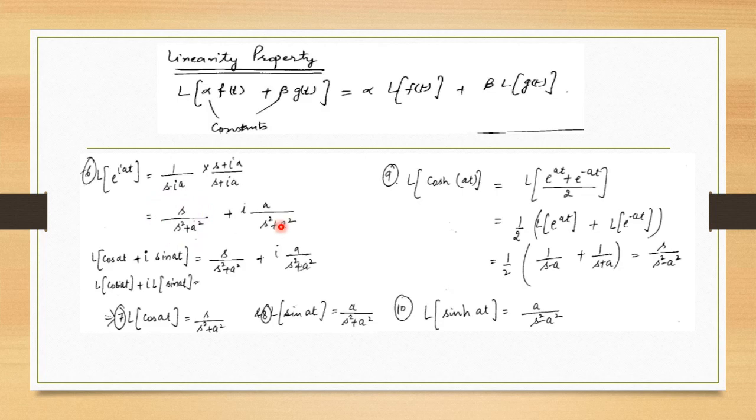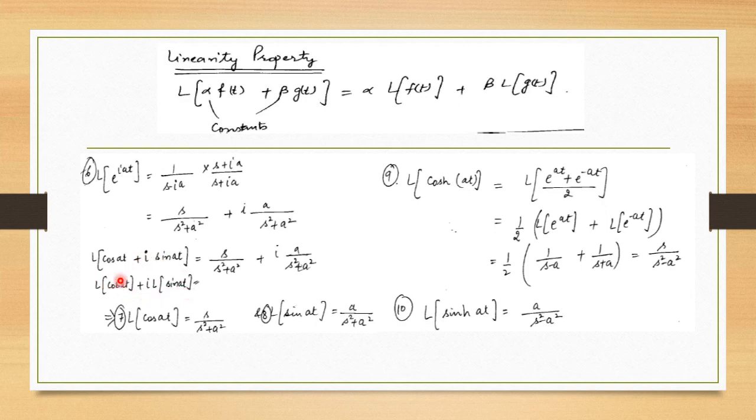Now you separate the real and the imaginary parts. You will get s upon s square plus a square plus iota a upon s square plus a square. Now what is the value of the Laplace of e to the power iota at? As we know, e to the power iota theta is cos theta plus iota sin theta, and using the linearity property you can write this as the Laplace of cos at plus iota times the Laplace of sin at.